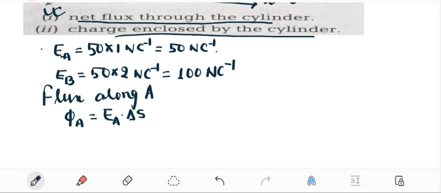So this can be written as 50 multiplied by 25 multiplied by 10 to the power minus 4 into cos theta.